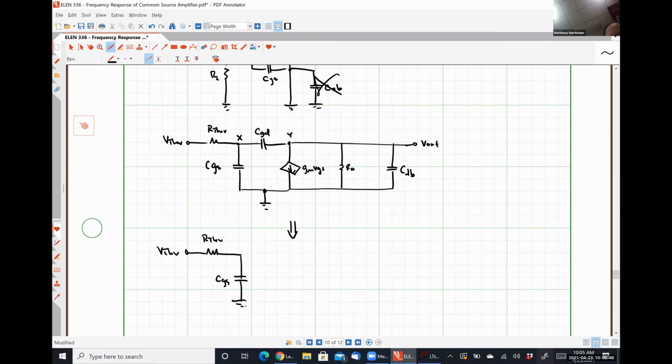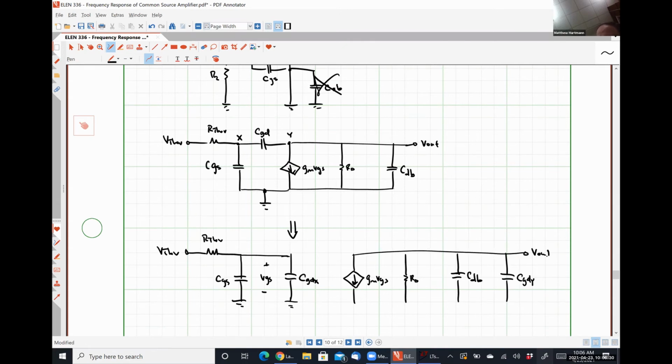CGS in parallel with a capacitance I'm going to call CGDX, where this is my voltage VGS, and then completely disconnected over here on the right-hand side, I have GM VGS in parallel with RD, in parallel with CDB, and now in parallel with some CGDY.